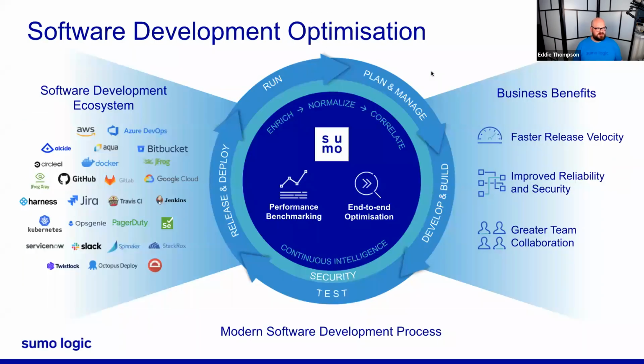And so when we talk about software development optimization, we're talking about a pretty broad ecosystem now. So it takes in everything from your cloud provider to your infrastructure stack for your applications, and then everything around your actual coding and CI/CD development tools.